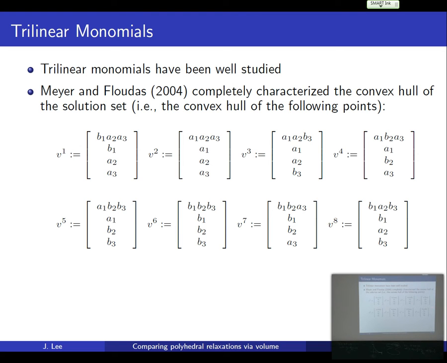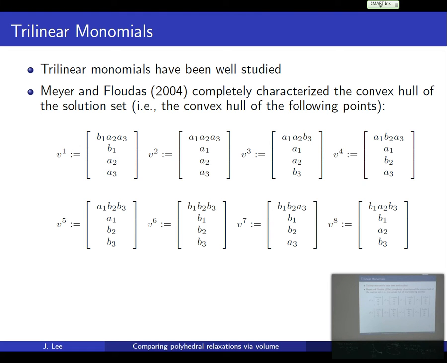There are 8 possibilities, and then the top coordinate is just the product of the three variables. So if you want the convex hull of the points f equal to x1 times x2 times x3, where the x's are in their ranges, that set of points, the convex hull of those points is the convex hull of these 8 extreme points.